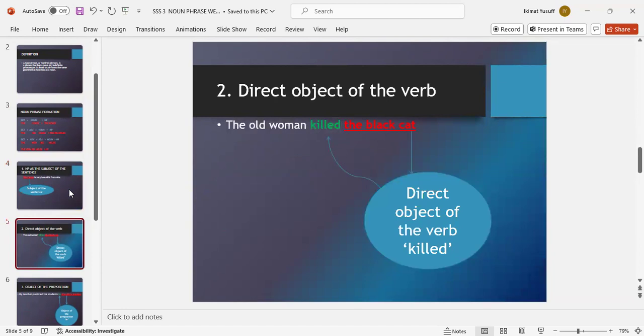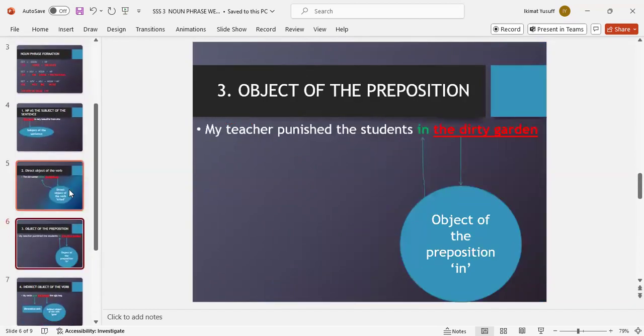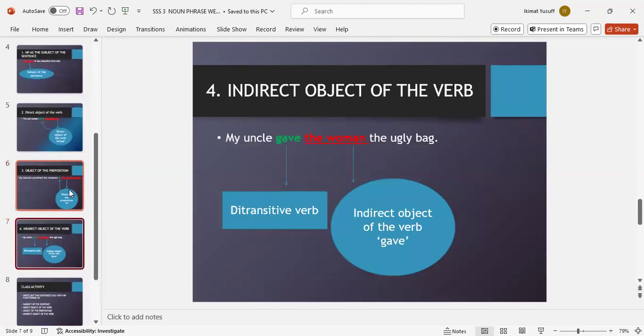The direct object of the verb is when the noun phrase comes directly after an action verb or a verb phrase. Number three, object of the preposition, when the noun phrase comes directly after a preposition. And I told you that we have different prepositions that can fit: in, on, at, under, above, behind, and so on. Then finally, we have the indirect object of the verb.